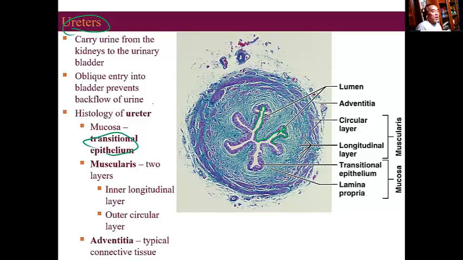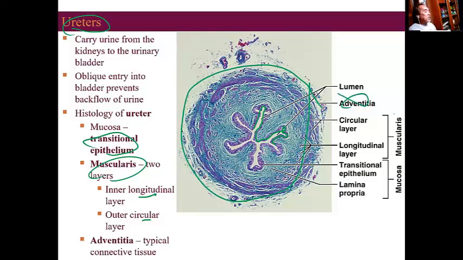Around that would be two layers of muscle, the longitudinal and the circular layer, because they can produce movement in order to squeeze the urine that comes from the kidney into the bladder. Now, adventitia is just the outside covering of this ureter.